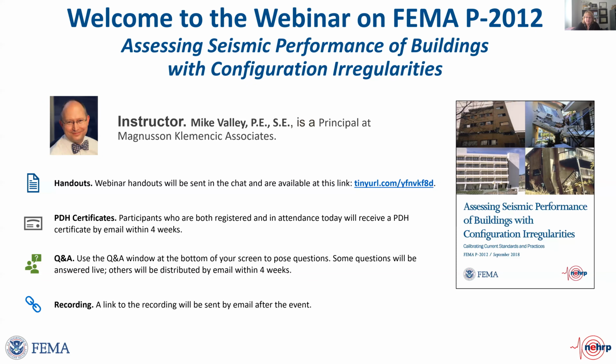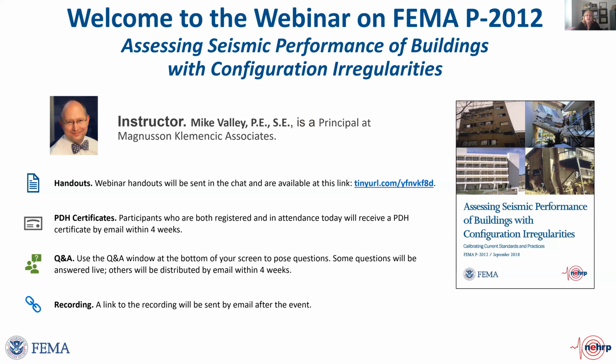A significant concern for the program is the risk presented by buildings with vulnerabilities due to configuration irregularities. So FEMA NEHRP sponsored a problem-focused study to assess the seismic performance of buildings with structural irregularities and the effectiveness of design requirements in ASCE 7 on irregularities.